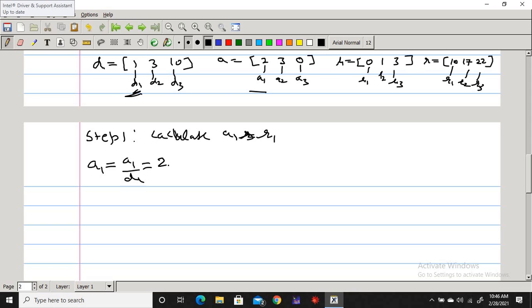So this is going to be 2 upon 1, that is 2. Similarly, R1 is going to be R1 upon D1. R1 we have 10, we can see from here, 10 upon D1 which is 1. So this is also coming out to be 10. By chance, new A1 and R1 are the same as old. This is happening in this question only; this is by chance. Okay, so step 2.